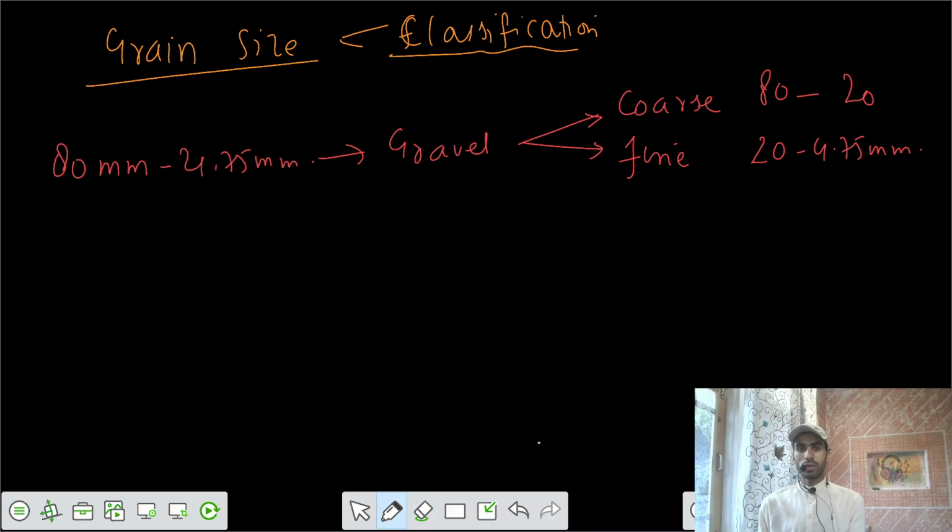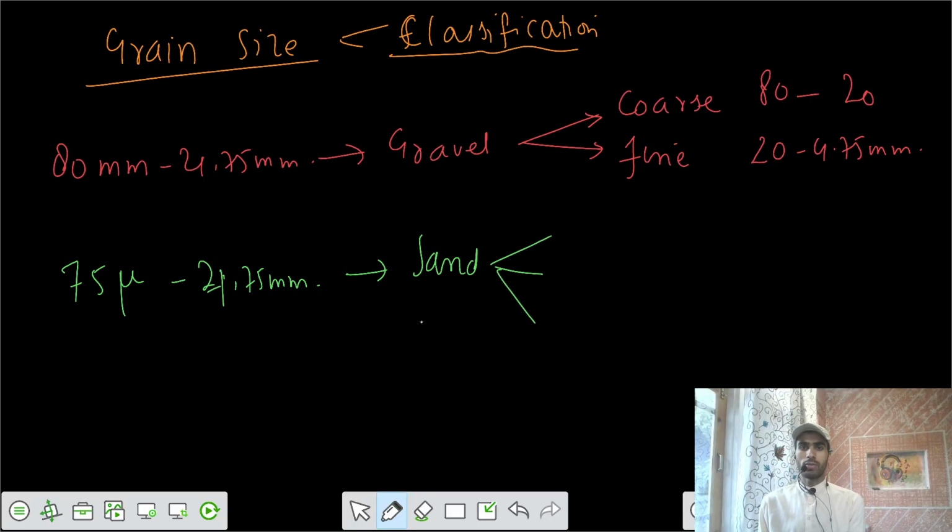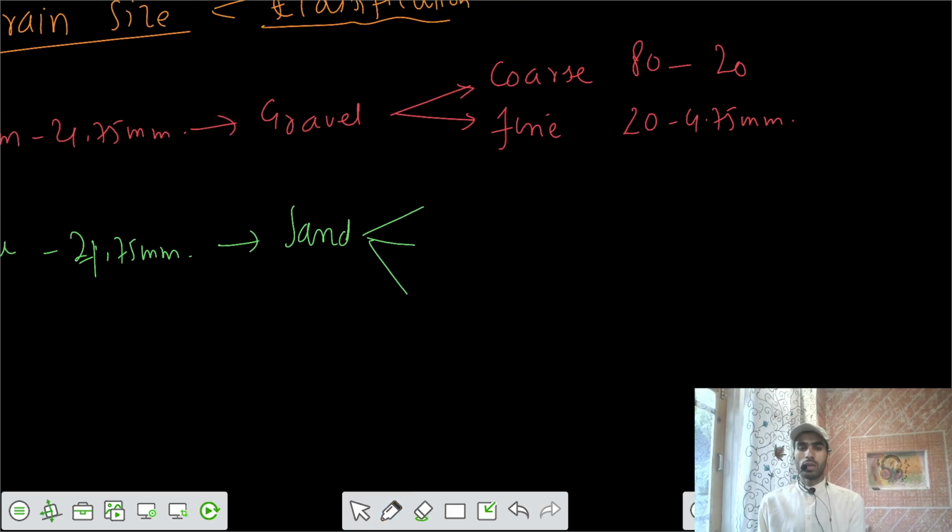And similarly, for sand, the range of the particles is 75 micron to 4.75 millimeters. Here we have three different subgroups also: fine sand, medium sand, and coarse sand.